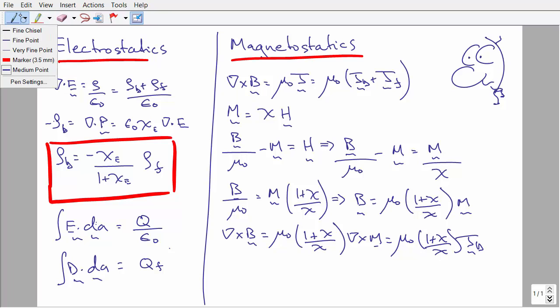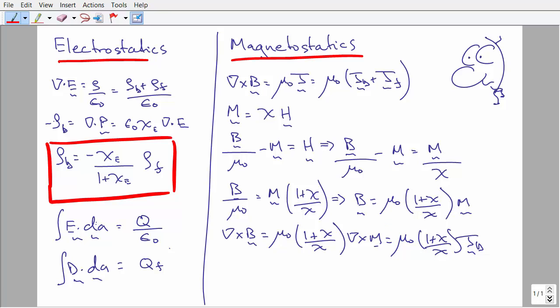Okay, so what we have now is a relationship between the curl of B and the bound volume current density. All right, very much in the same spirit as developing an equation which relates the bound volume charge to the divergence of E. Just as we took this equation and substituted in here to get an equation in terms of rho bound, we're going to replace the curl of B in this top equation by this expression in terms of J bound.